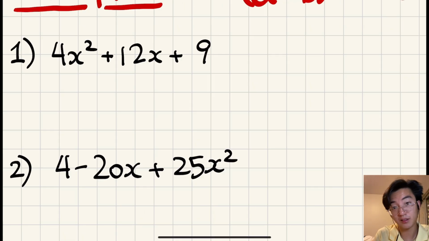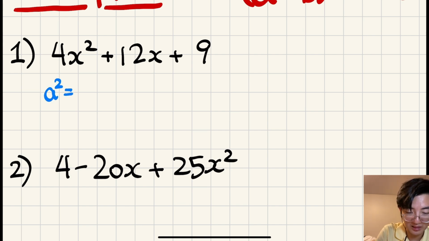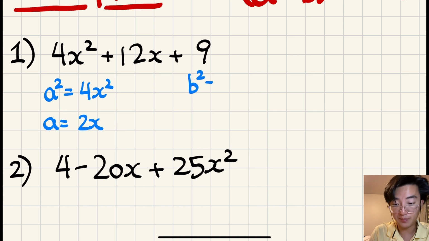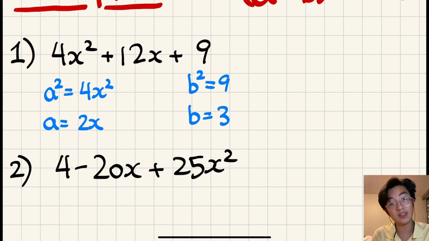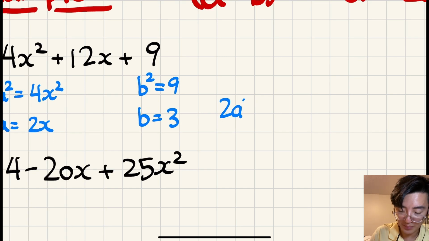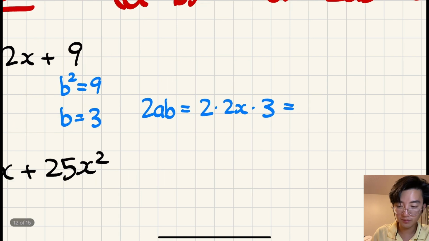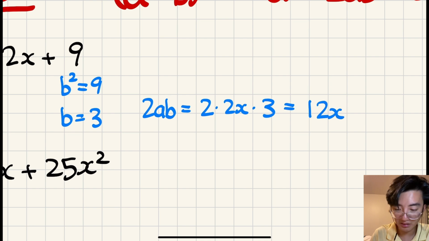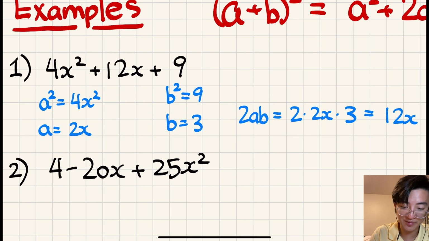So let's check it out. If a squared in this case is 4x squared, then a is just 2x. Similarly, if b squared is 9, then b is just the square root, which is 3. And now 2ab in this case means 2 times 2x times 3, which is 12x, which is exactly what we have in the middle here.